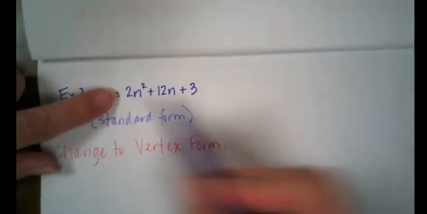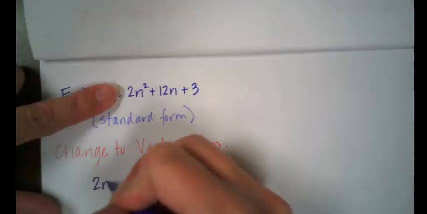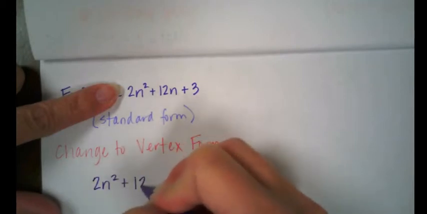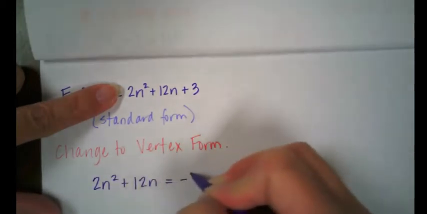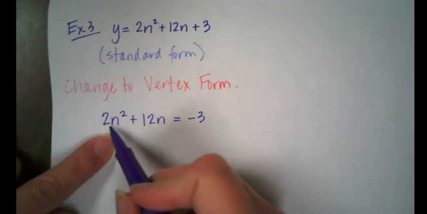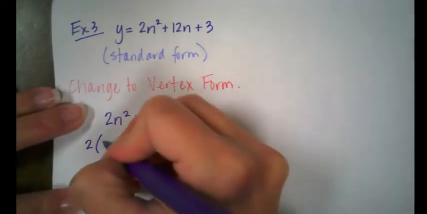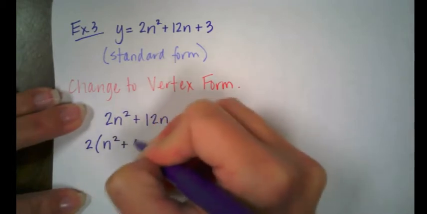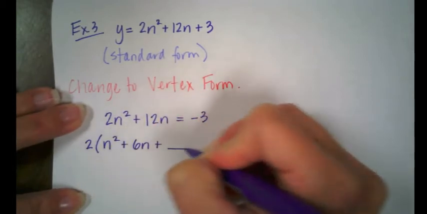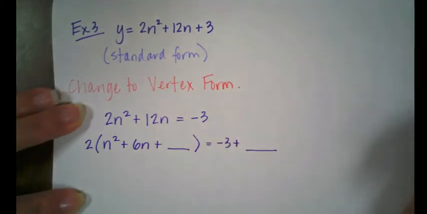If I wanted to complete the square on this problem, the first thing I'm going to do is move the 3 out of the way. So we'll have 2n squared plus 12n equals negative 3. I'm completing the square on a quadratic that has a leading term, so I'm going to yank that 2 out, and that will leave me n squared plus 6n plus blank equals negative 3 plus blank.